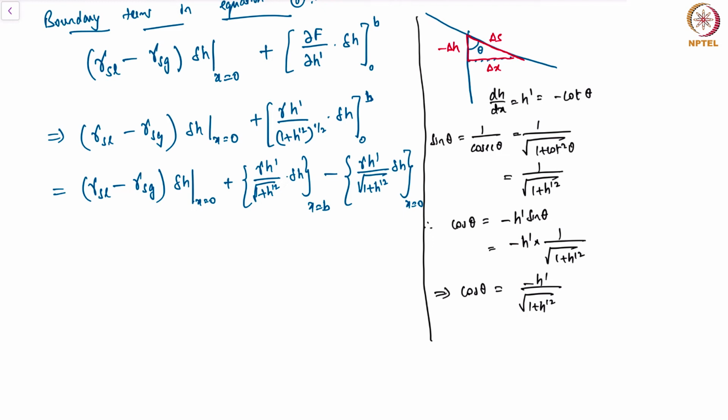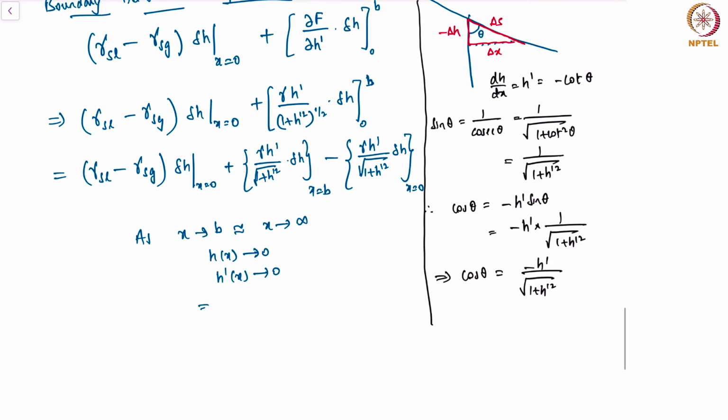But notice that as x goes to b, where b is very large, approximately the same as x going to infinity, the interface essentially becomes flat, so h of x goes to 0 and h prime of x also goes to 0.